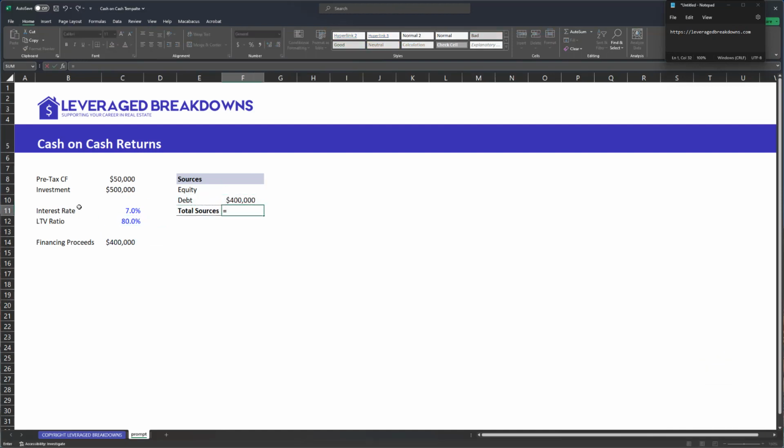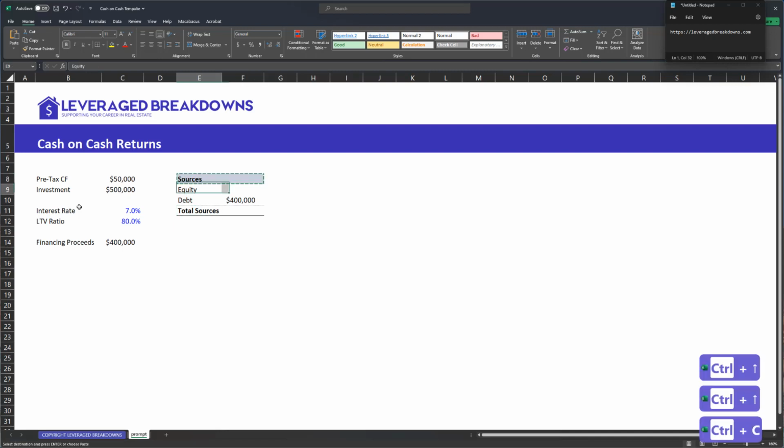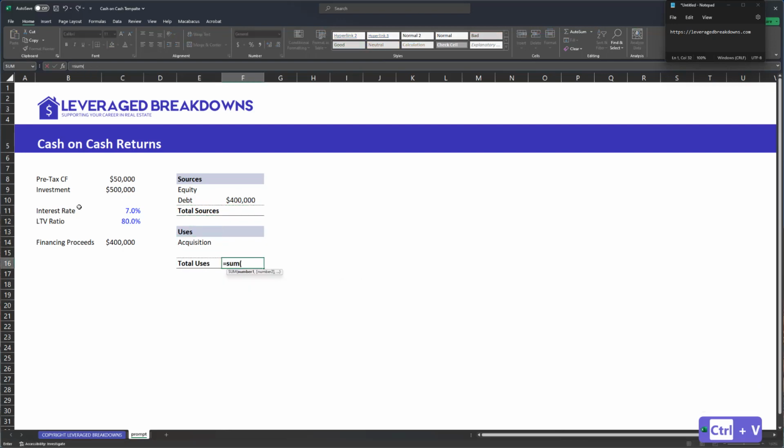Your total sources are going to match your total uses, which is just purchase property. We'll expand that later, so I will keep some space. That's your investment.